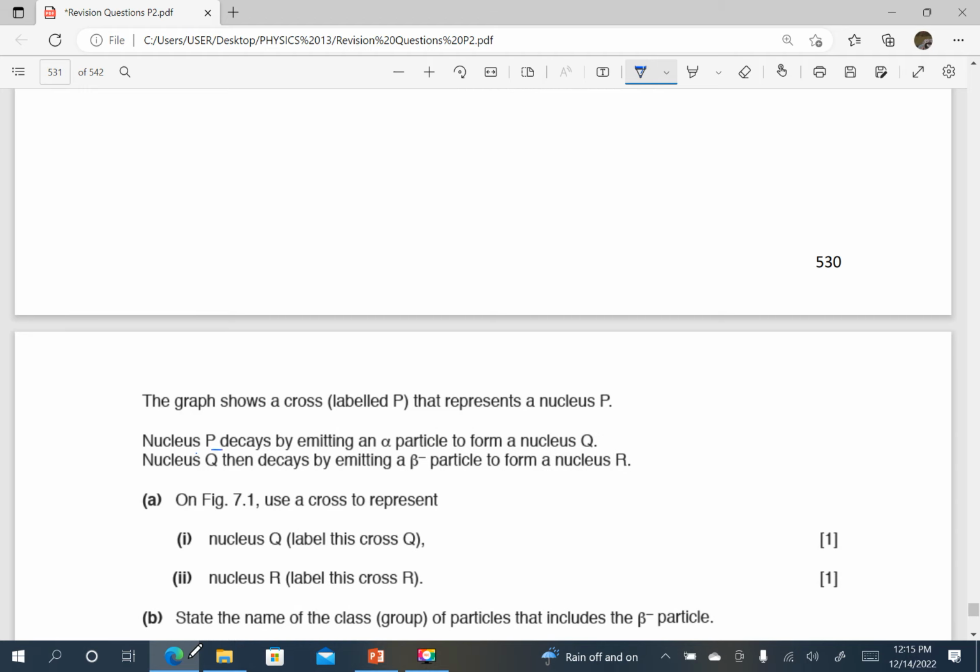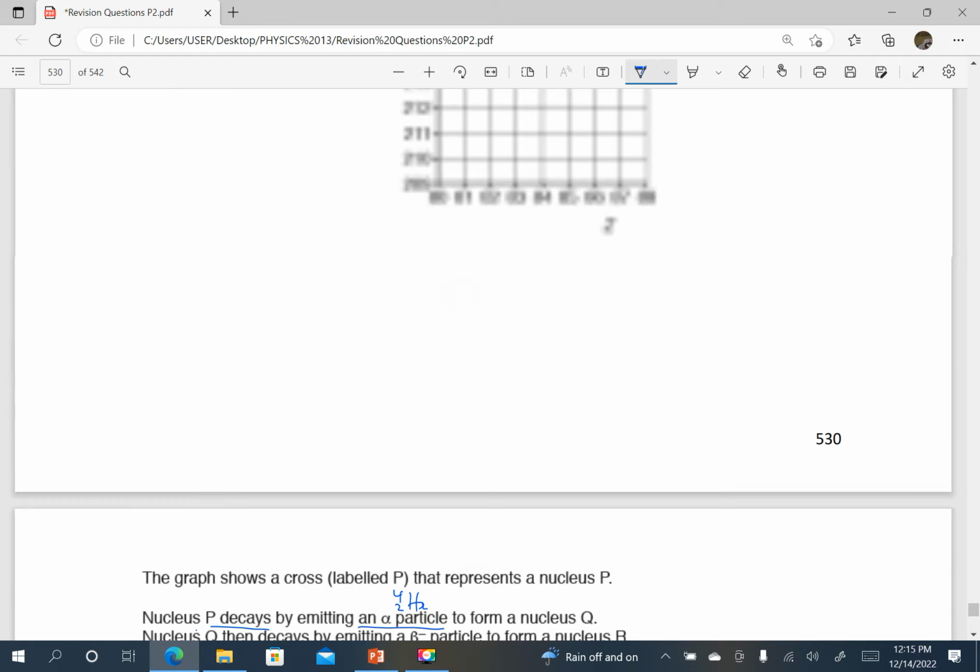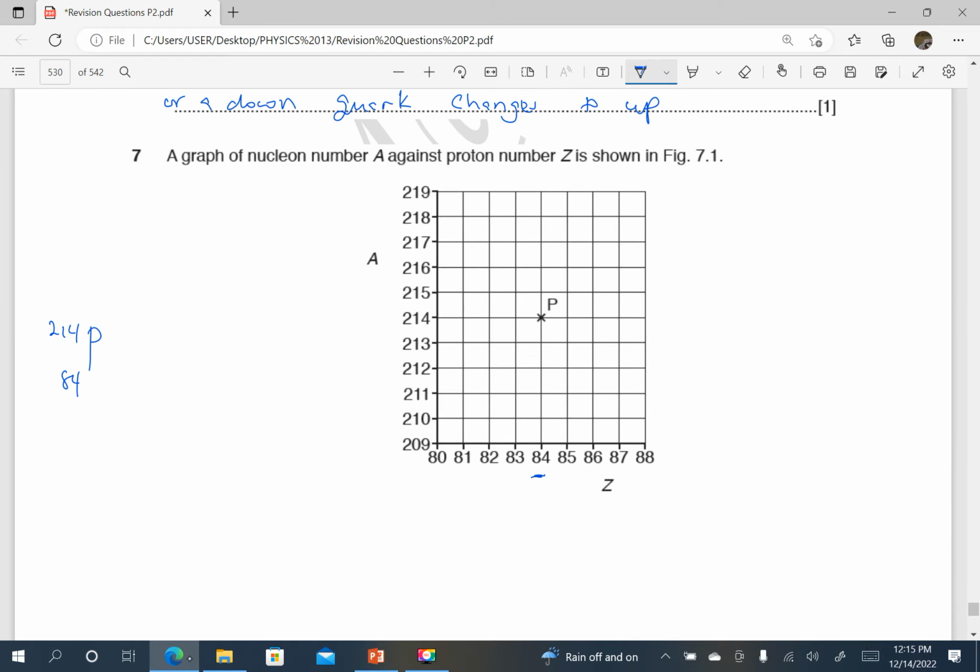Nucleus P decays by emitting an alpha particle, remember, an alpha particle is He42, to form nucleus Q. So P gives us Q plus an alpha particle, He42. So proton number must reduce to 82. Nucleon number must reduce to 210.